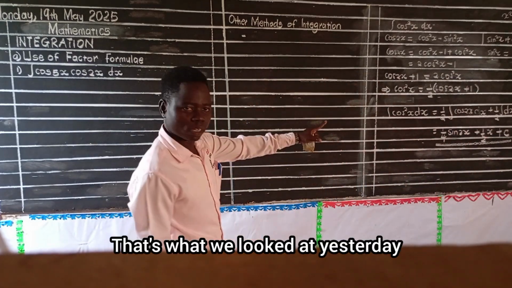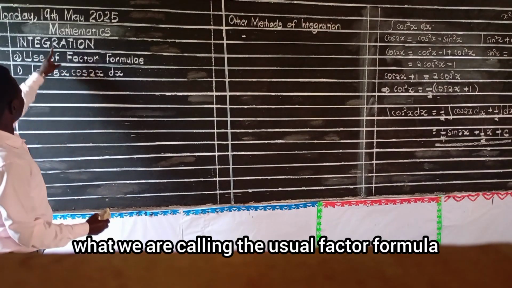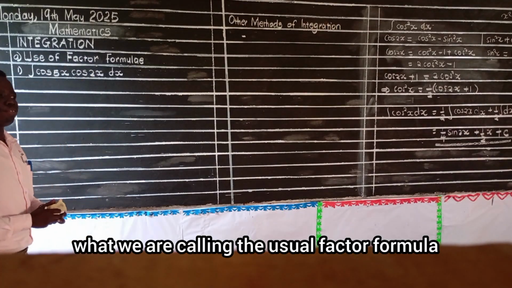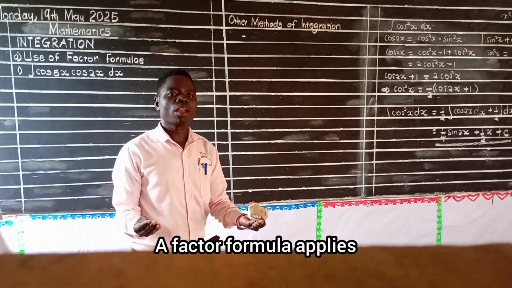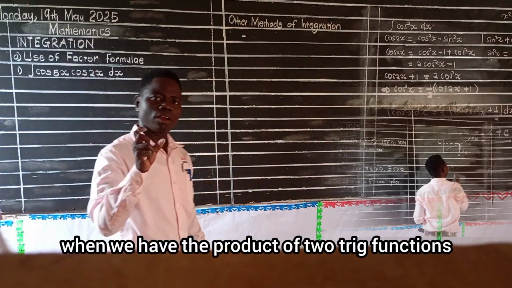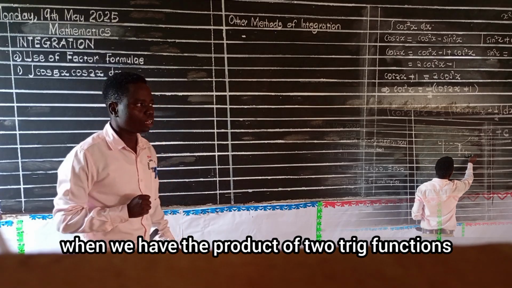That's what we looked at yesterday. But today, we want to look at what we are calling the use of factor formula. What is factor formula? A factor formula applies when we have the product of two trig functions.